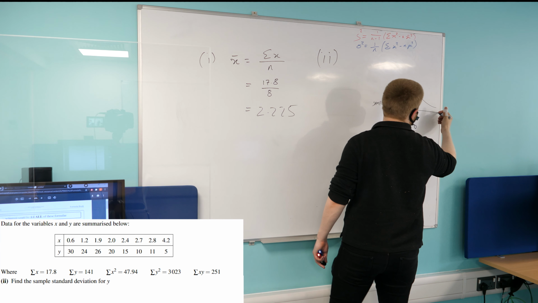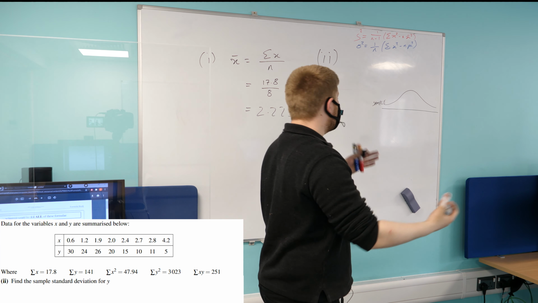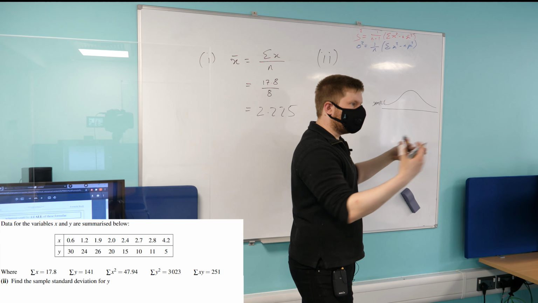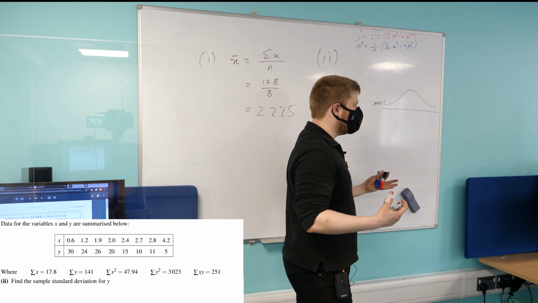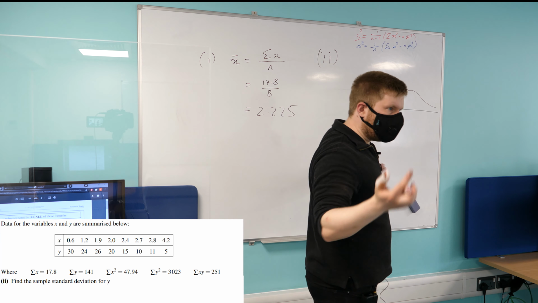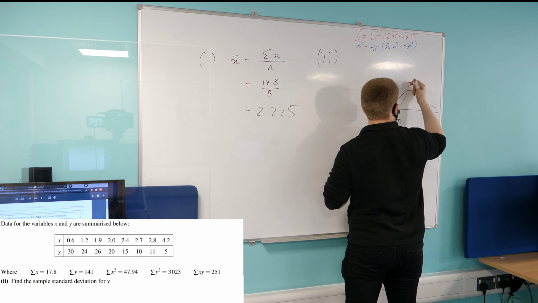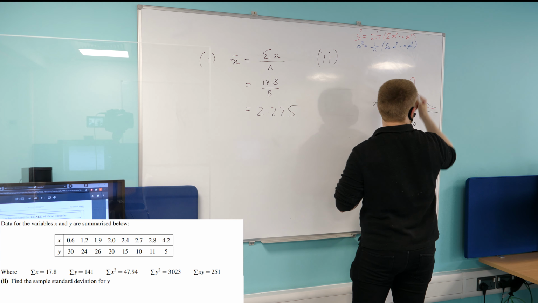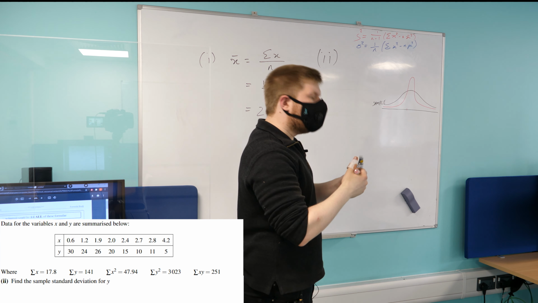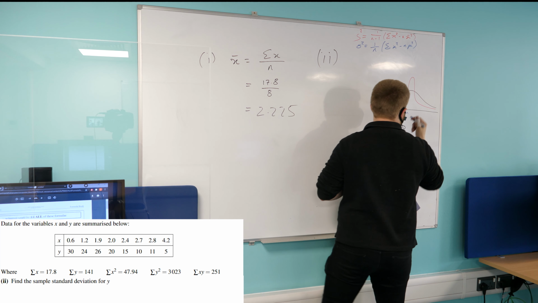So the sample, you're expecting it to be quite spread out because, as you said, we're expecting quite a lot of outliers in there that will skew that particular sample one way or the other. Whereas if you're dealing with a population, or at least a bigger sample size that looks a bit more like the population, you expect a less spread out distribution. In other words, values are going to be more closely clustered around what the true mean should be. The outliers are having less of an effect there.